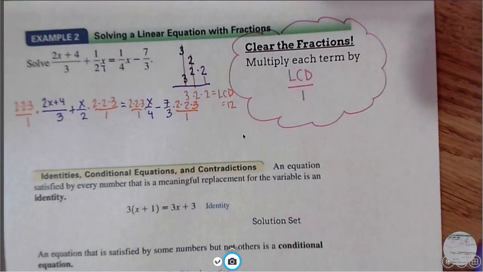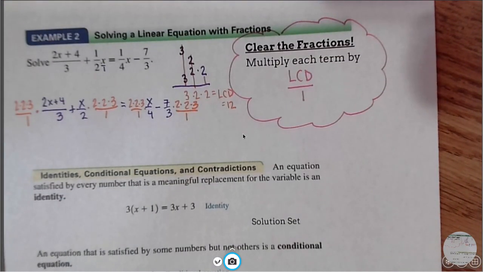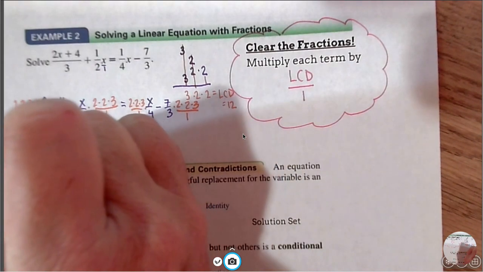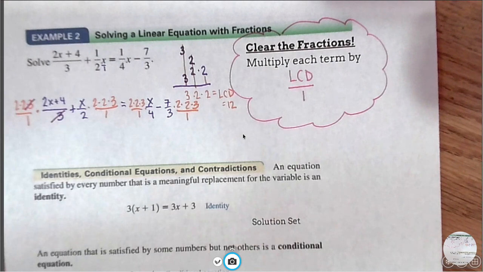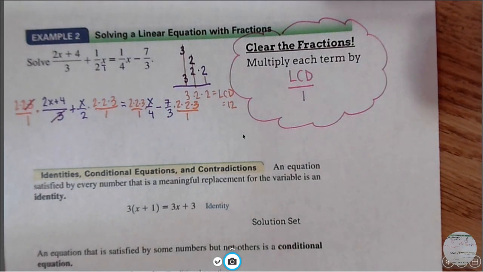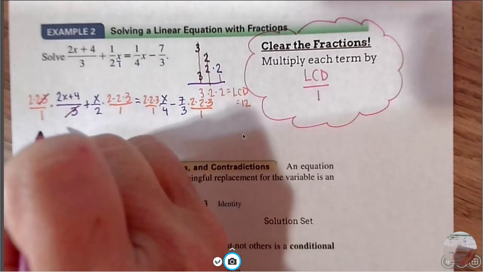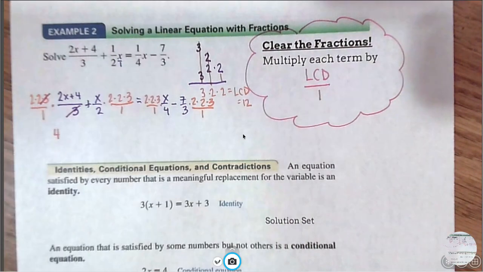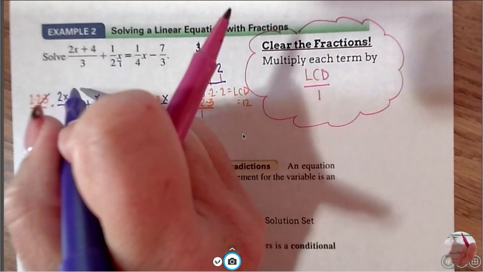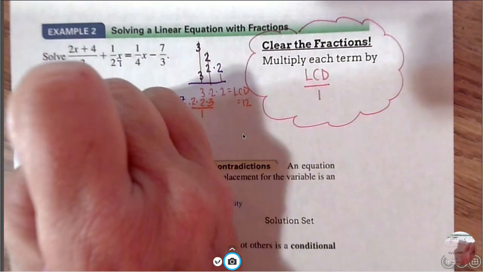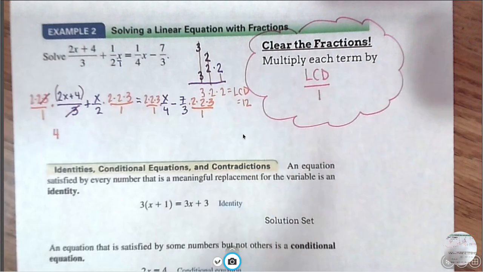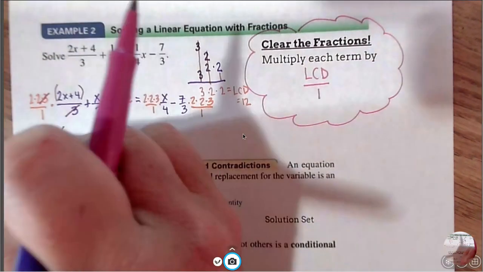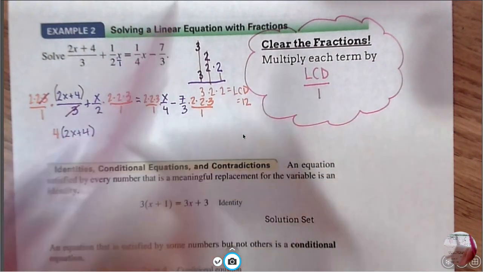And then I'm going to go ahead and cancel anything that I legally can. So in this first term, I'm going to cancel this 3 with that 3. And that's going to leave me 2 times 2, which will be 4. And then I'll go ahead and put that numerator inside its understood parentheses. Remember, those exist. So it'll be 4 times 2x plus 4.